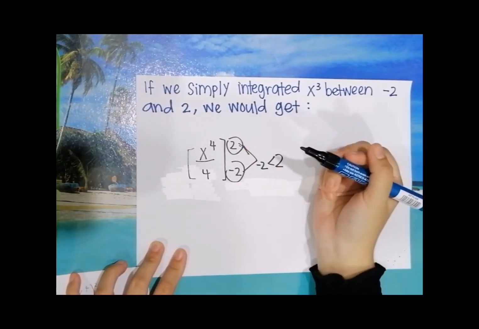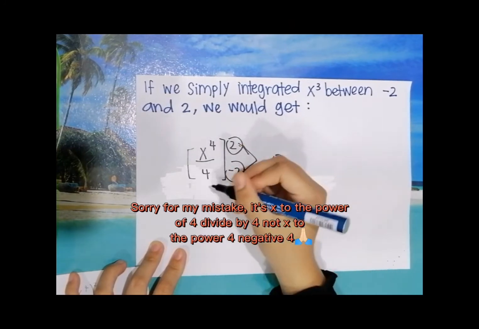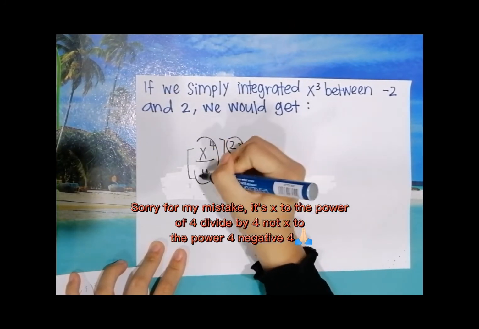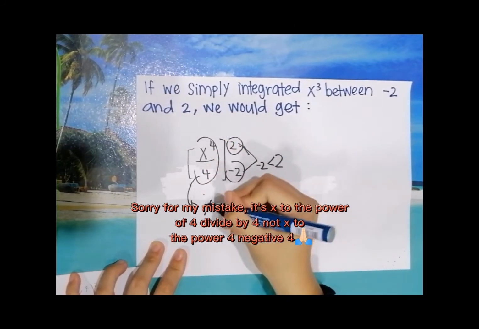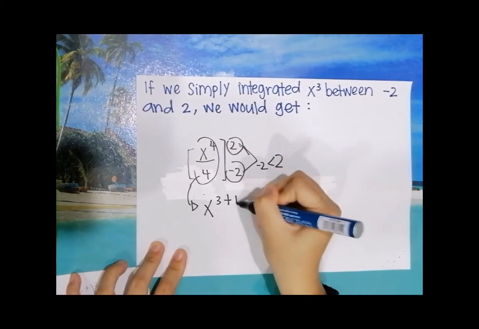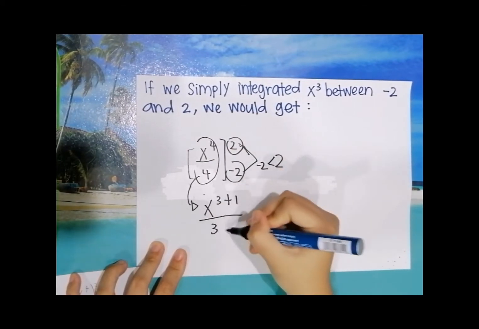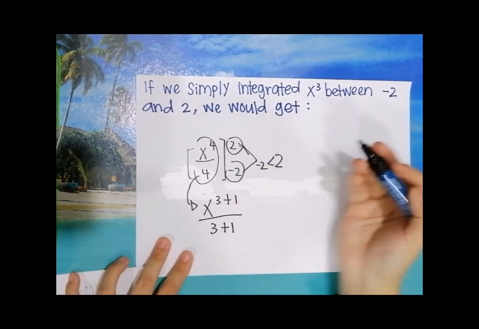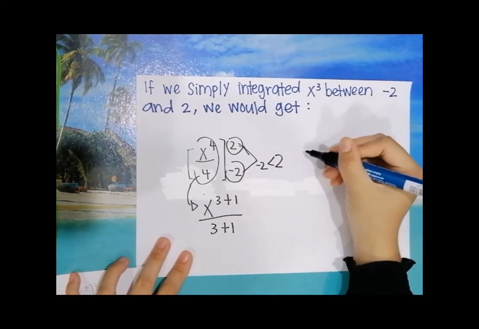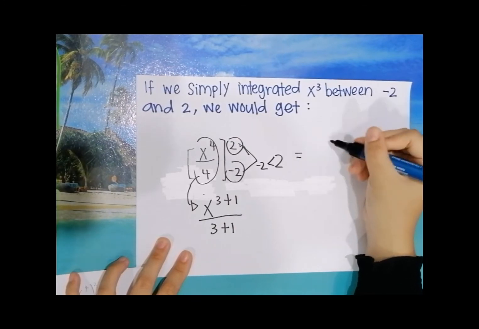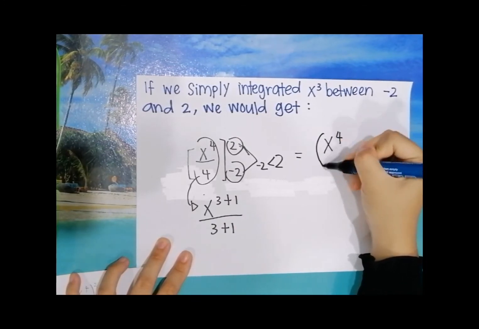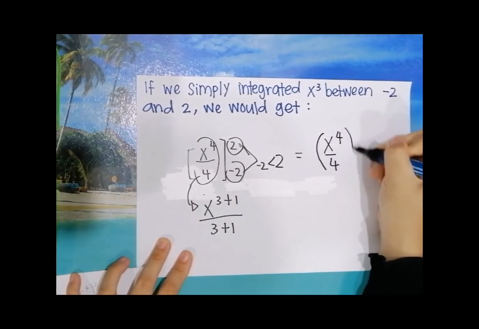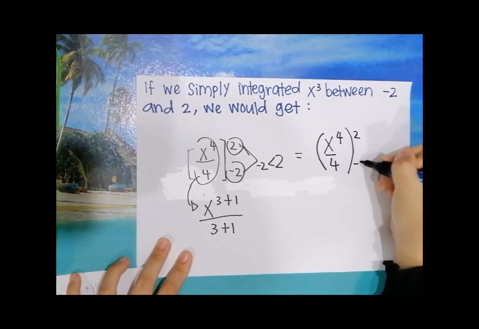Okay, how will we get x to the power of 4 over 4? We get it from x to the power of 3 plus 1 over 3 plus 1. So we'll get x to the power of 4 over 4. So the working is like this. x to the power of 4 over 4 between 2 and -2.